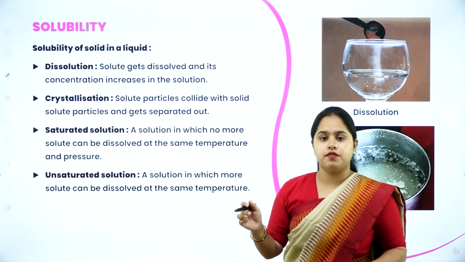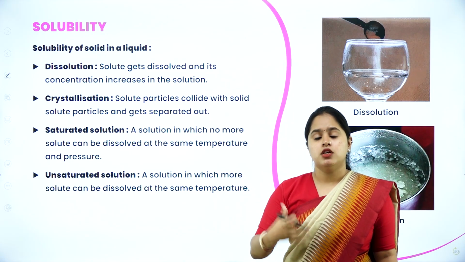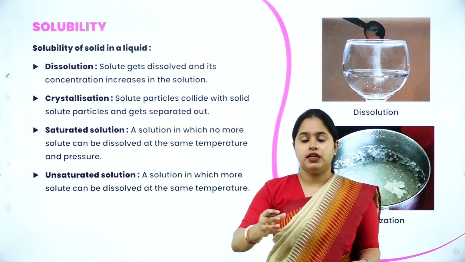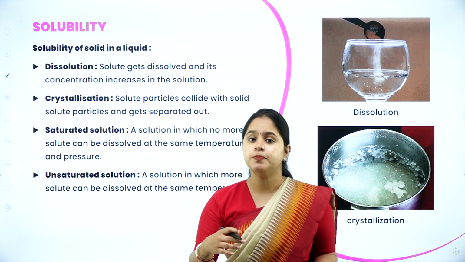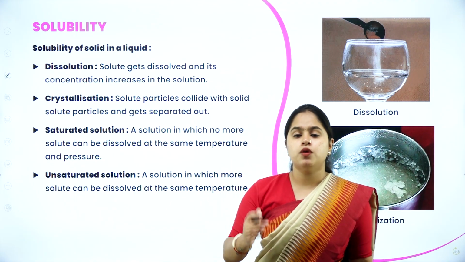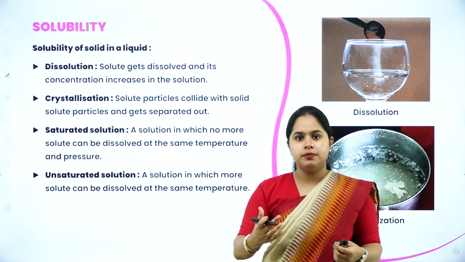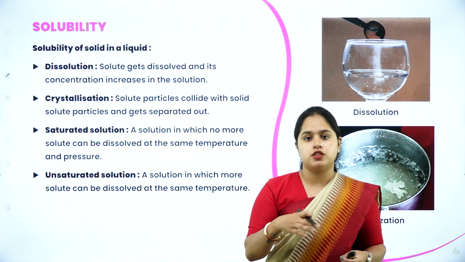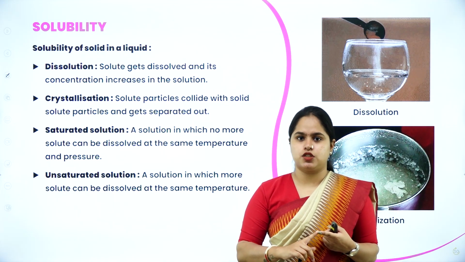So we are beginning with the first one, that is solubility of solid in a liquid. What happens when a solid solute is dissolved in a liquid? For that we have to understand a few processes that happen when the solid is being dissolved in a liquid.